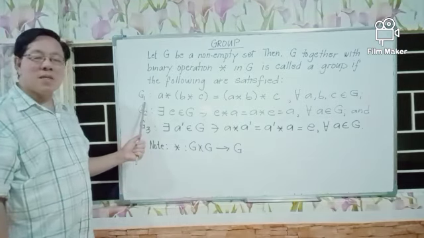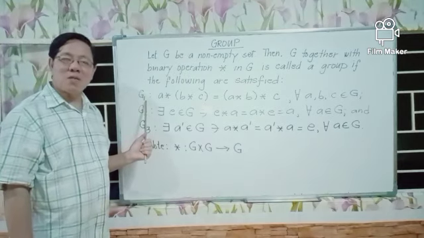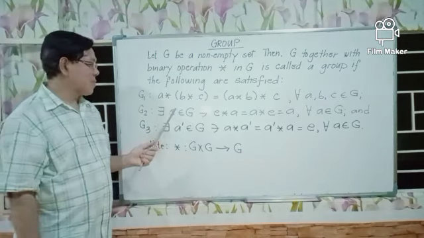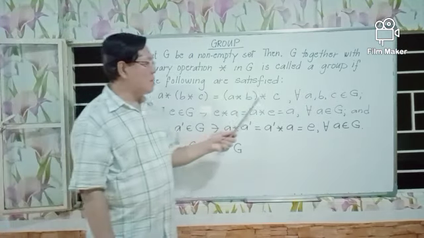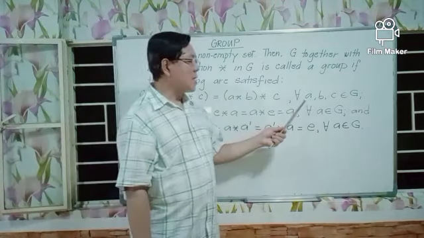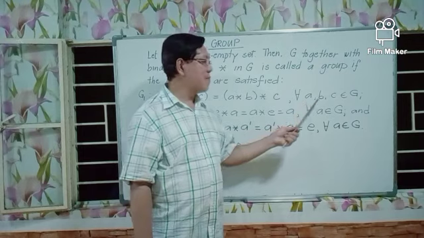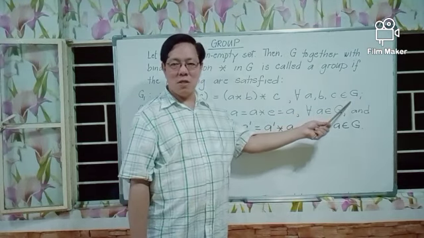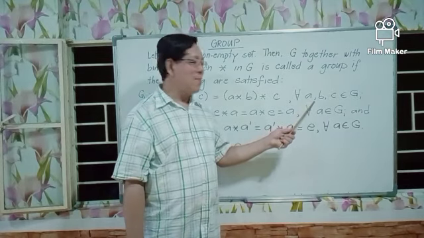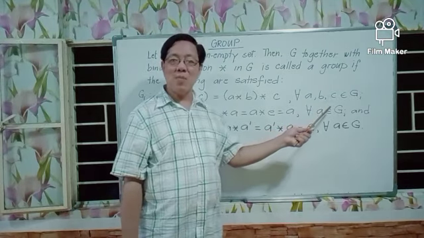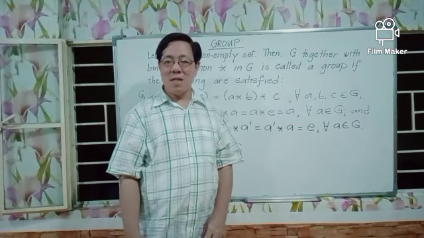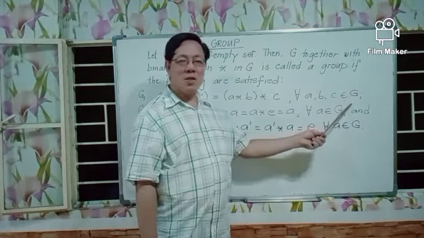The first property, as I said, is the associativity or the associative property. And this associative property must hold true for any three elements of the non-empty set G. And these three elements are denoted by A, B, C, and these are arbitrary elements, which means that they can be any three elements from the non-empty set G.